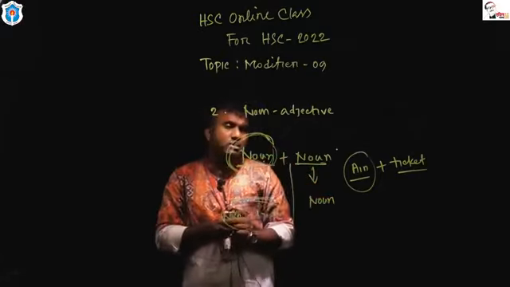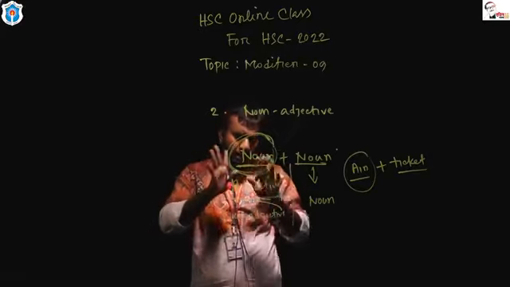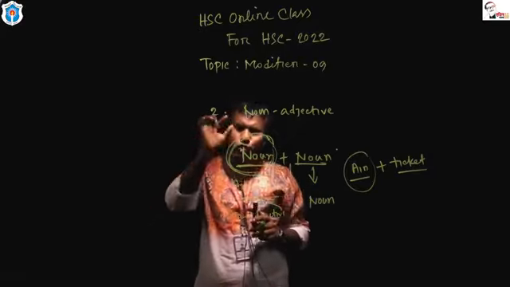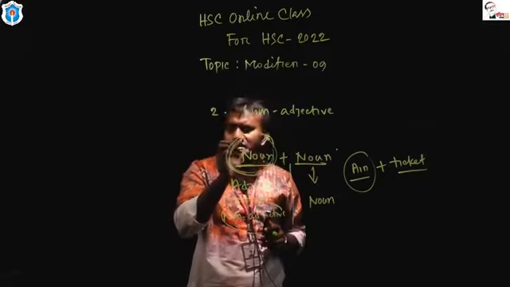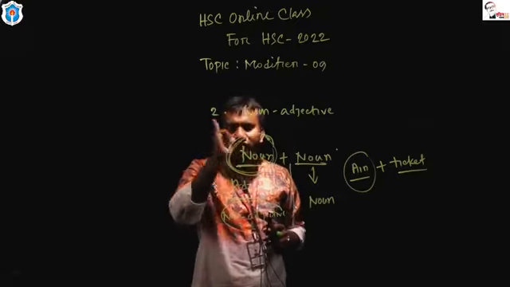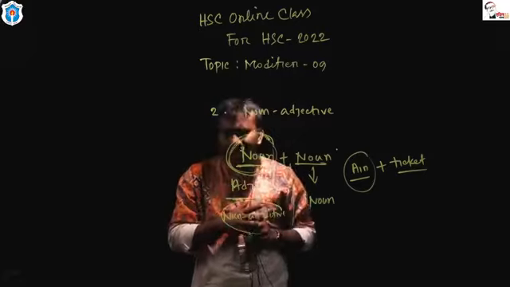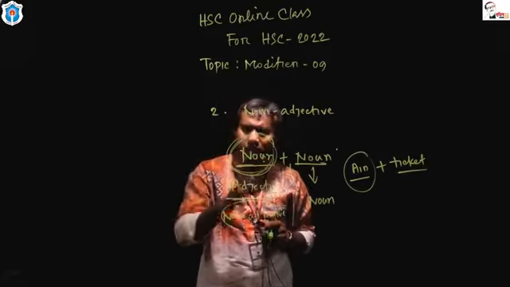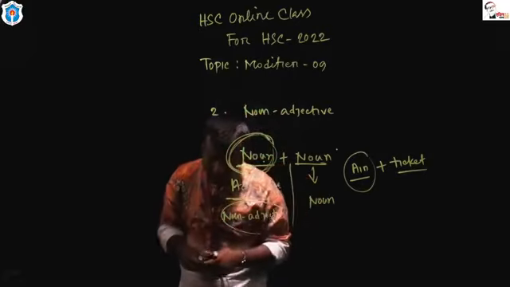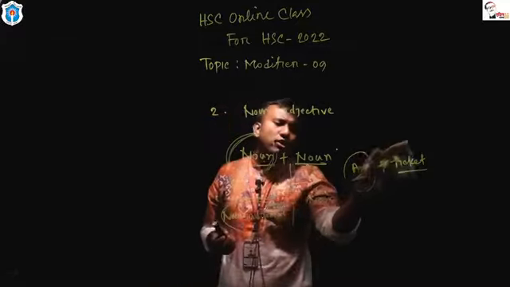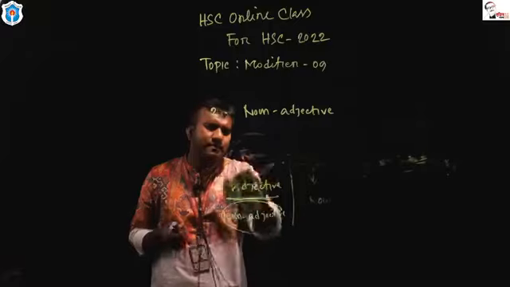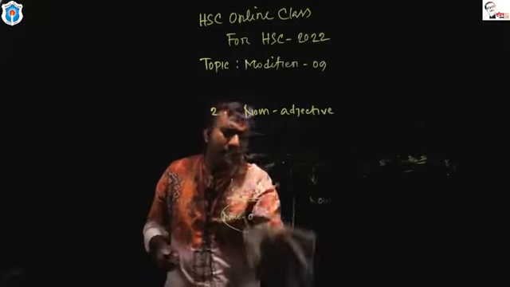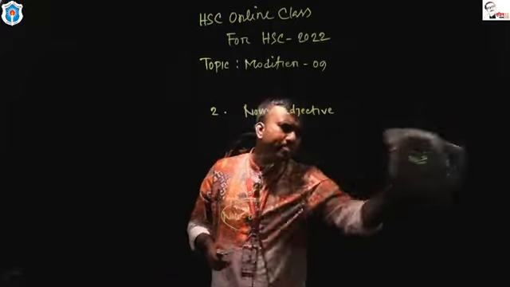I have just told you that whenever you're going to make a noun adjective, you must place a noun before a noun. The first noun will work as adjective, and ultimately you have to call it noun adjective. Now I'd like to give you some examples and you have to give me the answer. Is noun adjective clear to you, my dear students?